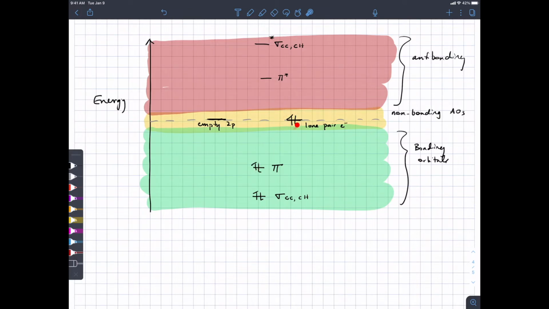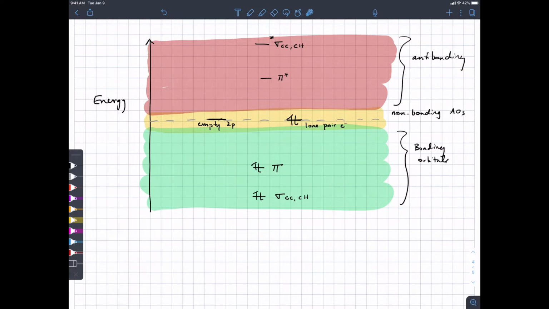If there's no lone pairs and no pi bonds, probably it's not terribly reactive, and there's not a lot we can do with it. That's for identifying nucleophiles. Molecules that are nucleophiles are going to have high energy lone pairs or maybe pi bonds. That's true for most of the reactions you'll learn in this class, both this semester and next semester.